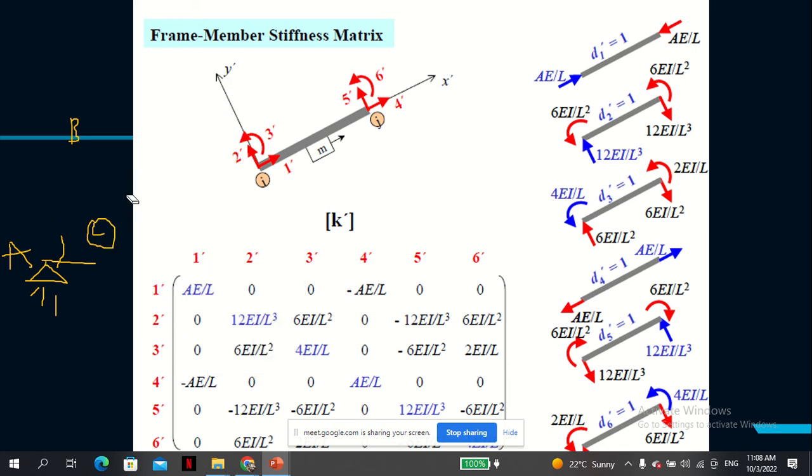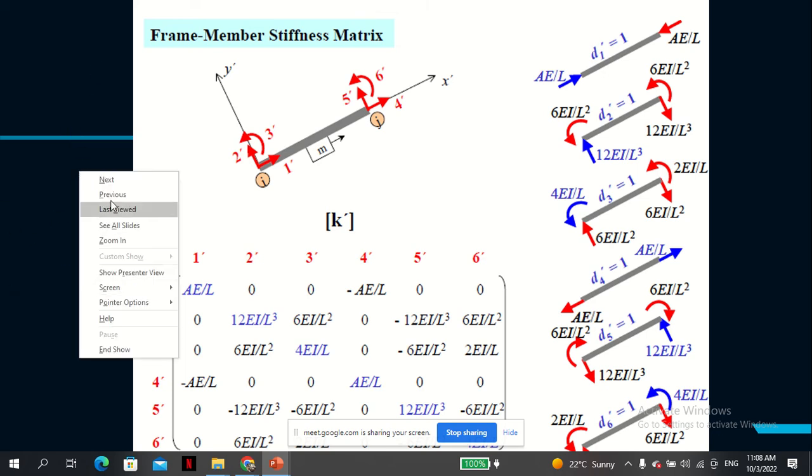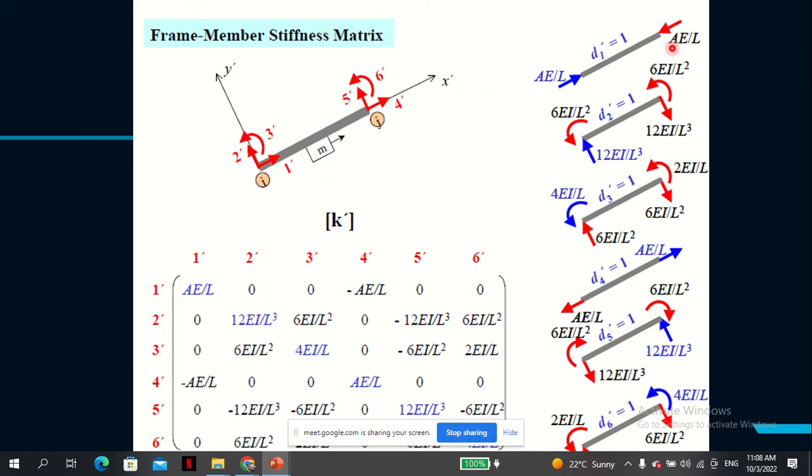So this is just assembly of what you already know. Unless now you did not understand the concept very well. As you can see, for the first member matrix, it's an axial force, and this you already have known.